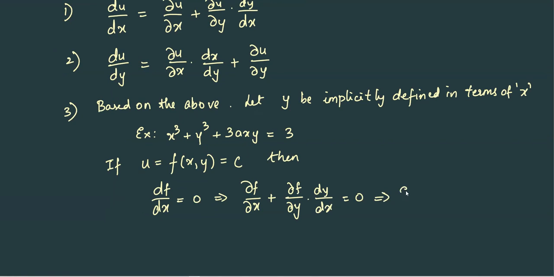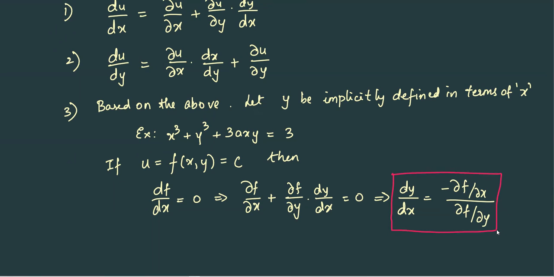So from here, we get dy by dx is same as minus of dou f by dou x upon dou f by dou y. This is the result. So dy by dx will be the same as this.